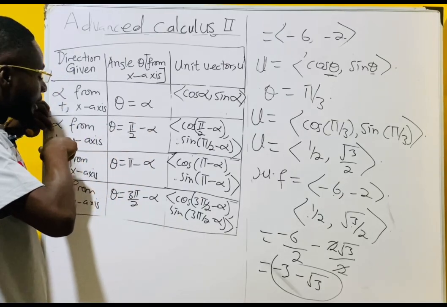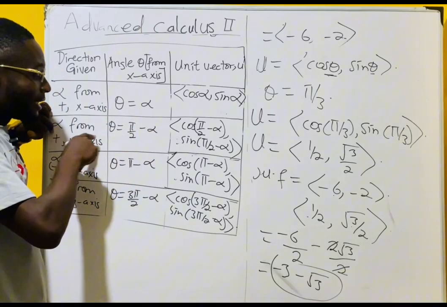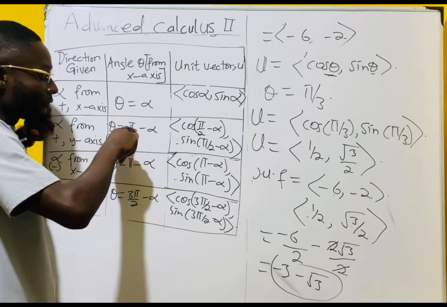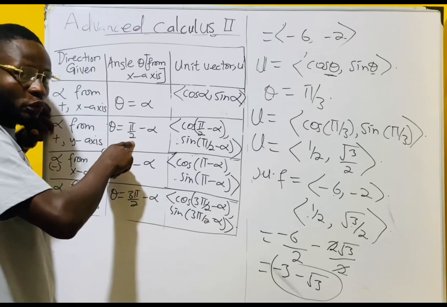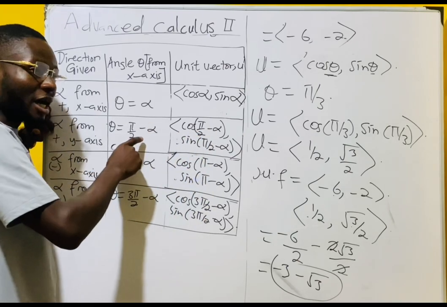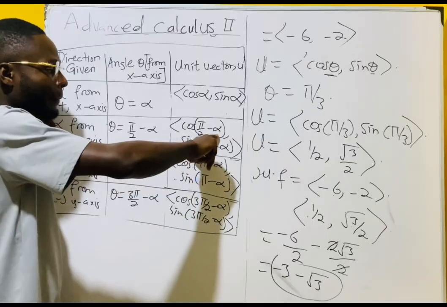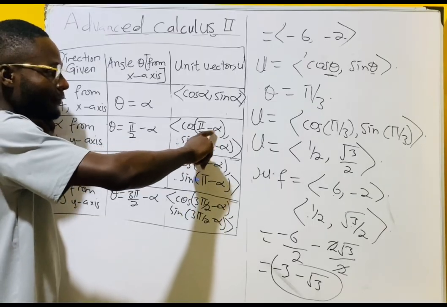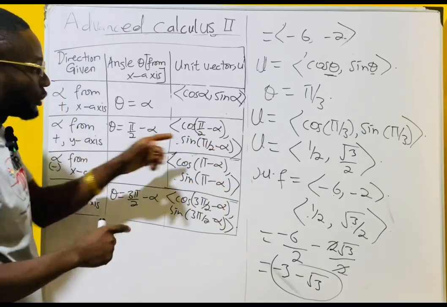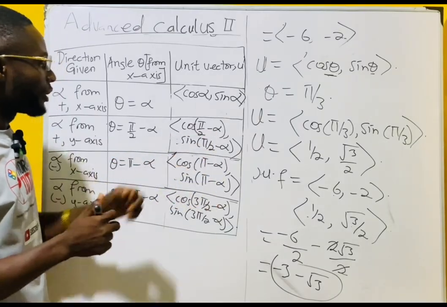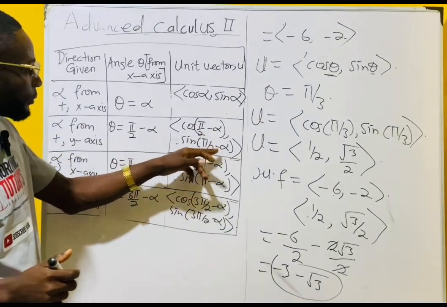But if it is from the positive y-axis, then you take pi on 2 minus alpha, which is the angle you have been given. You take cos of that, then sine of that. So this is the i component, this is the j component.